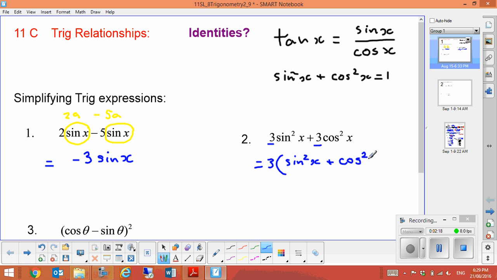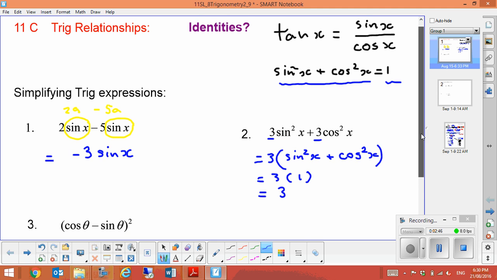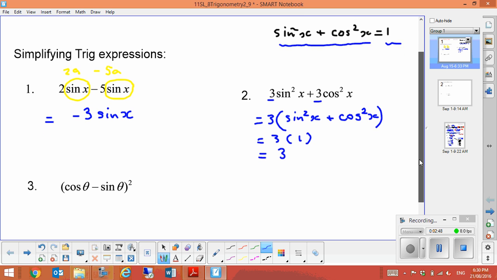Once you know the two identities above, you can see sine squared x plus cos squared x, and we know that equals 1. So that's the same as 3 times 1, which is equal to 3. Now we've made that expression much simpler.